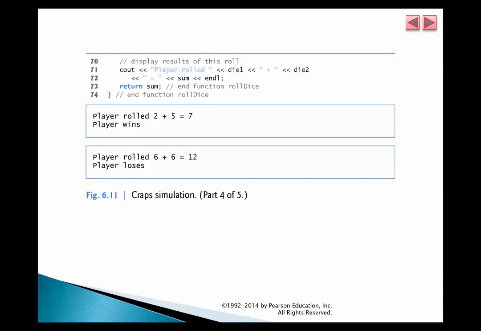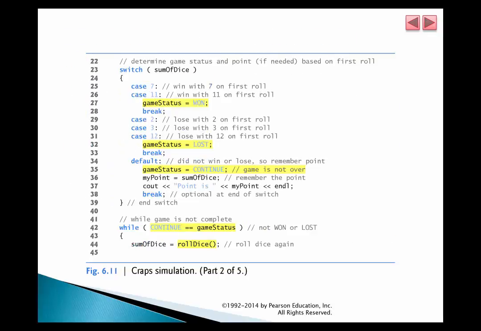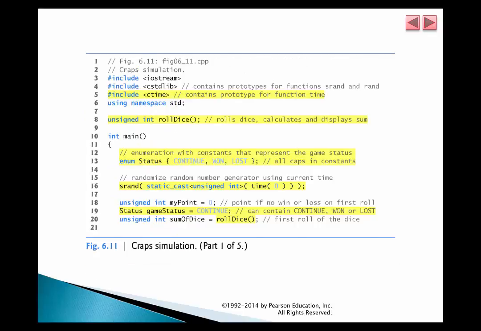They use an enumerated type here called status, right here. That simply says we declared a new type. Status is a new type, and it can take on the value of win, continue, won, or loss.